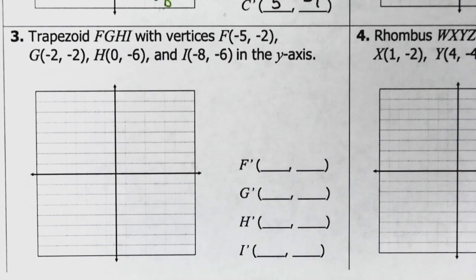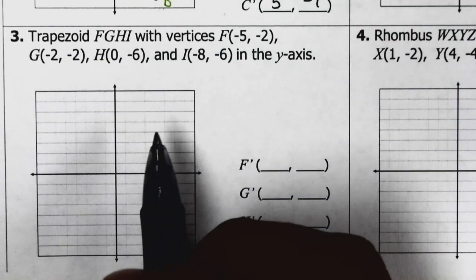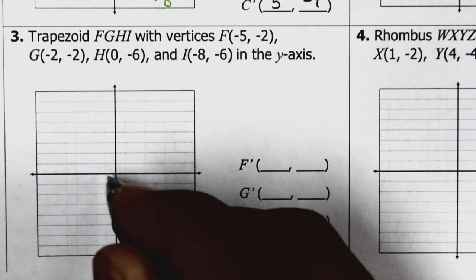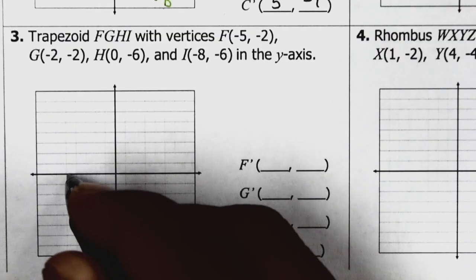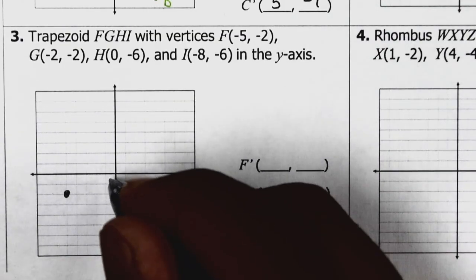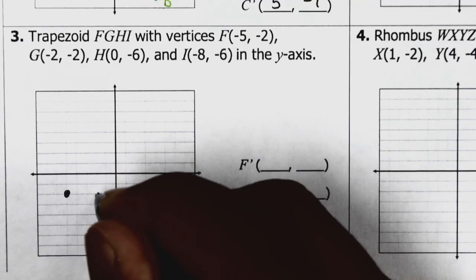All right, so continuing on, I kind of ran out of time on the other video. So trapezoid FGHI with vertices at F(-5, -2): 1, 2, 3, 4, 5, -2. There's F. G at -2, -2.